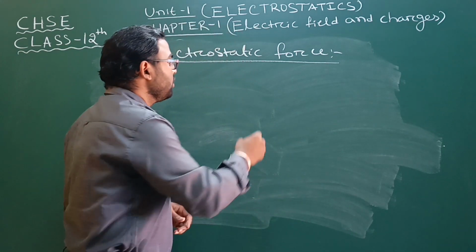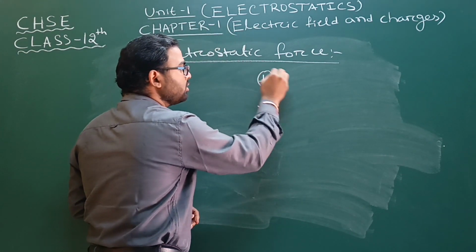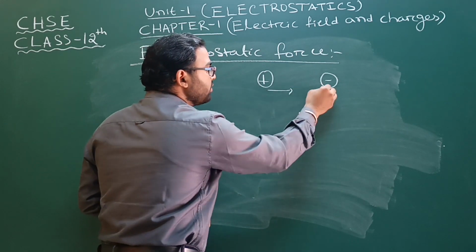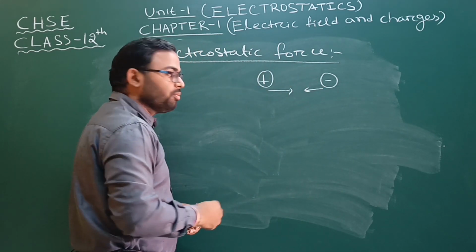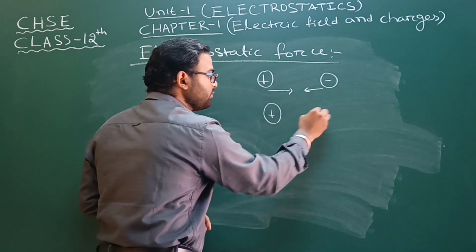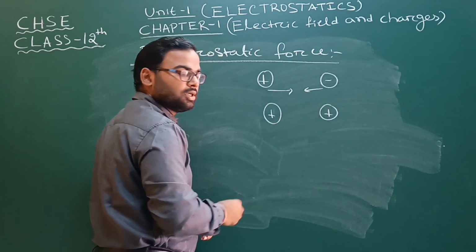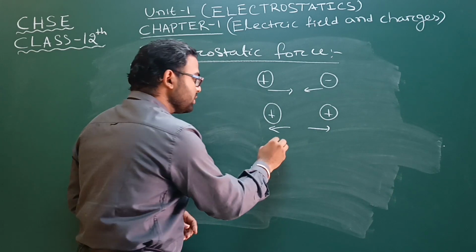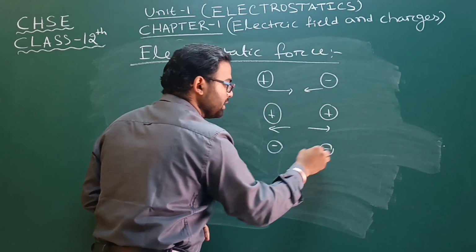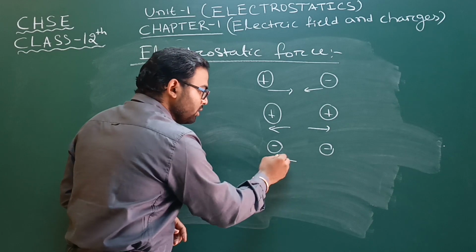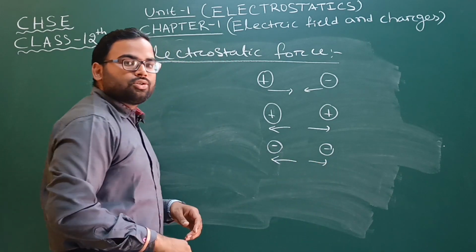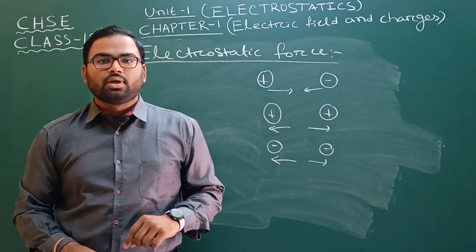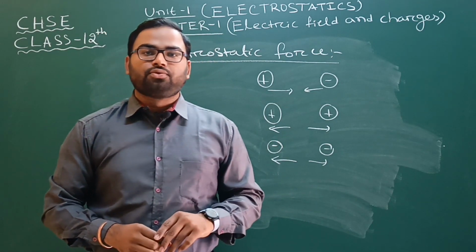So, if we place a positive charge here and a negative charge here, then these charges will attract each other. But if I place a positive charge and a positive charge, then they will repel each other. Same case with negative charge also. If you place two negative charges, then the charges repel. So the force of attraction and force of repulsion is called electrostatic force.